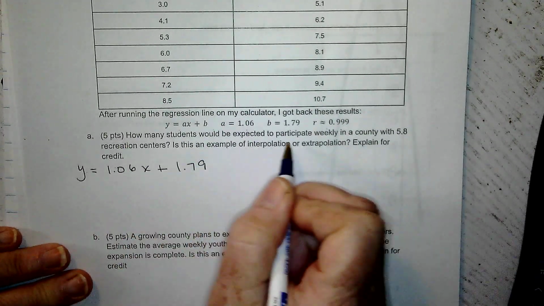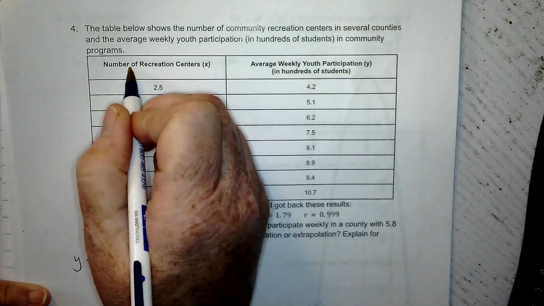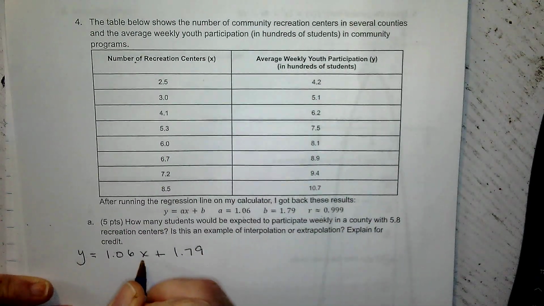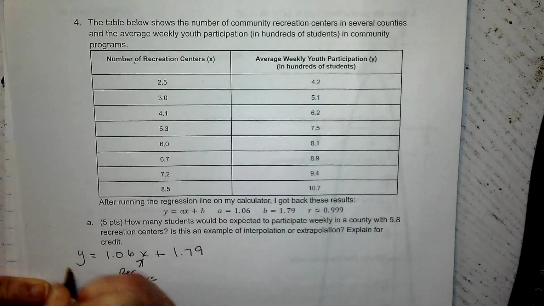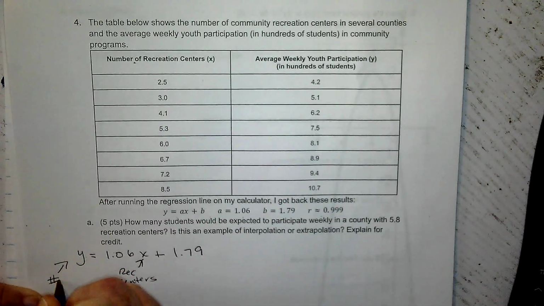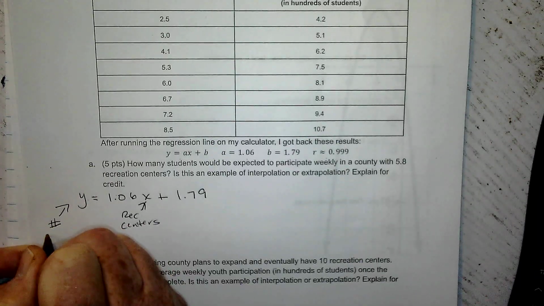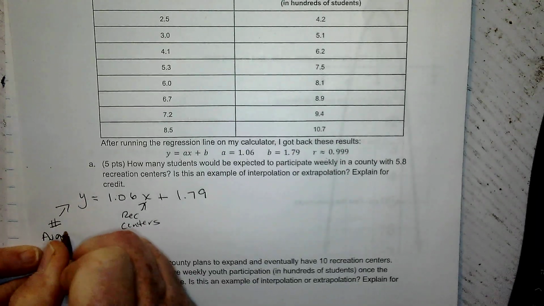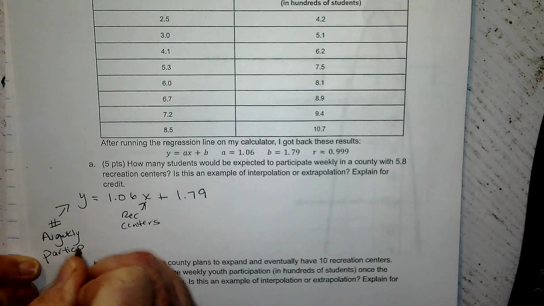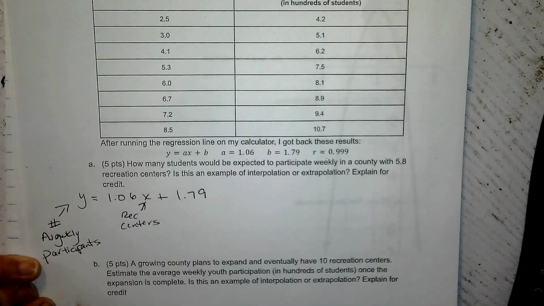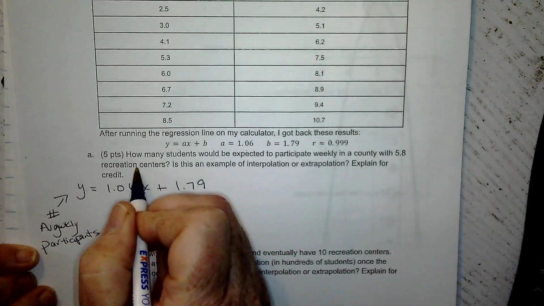How many students would be expected to participate? Well, I need to know what each of these are. So the rec centers are x, so that's rec centers. And my y is the number of participants, average weekly participants or students. Once I know those two things, I can go through and do this.